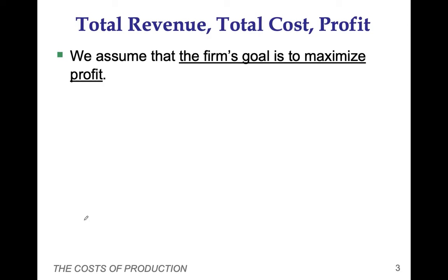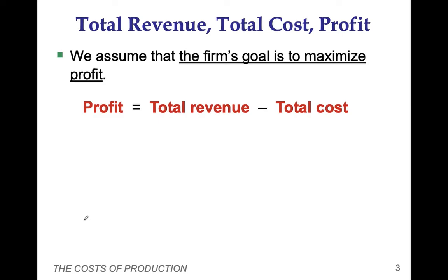Firms are doing business, and like any business, a firm is always looking to reach the highest profit possible. Of course, in industrial organization, this assumption is somewhat debated and discussed, but this discussion is not the object of our chapter today. So we'll assume that a firm's goal is to maximize its profit.